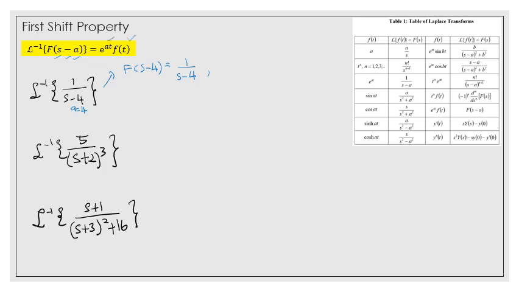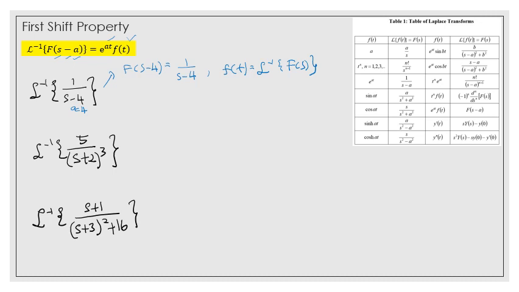Then in the formula we also have f(t). So how to get f(t)? Remember, it is equal to the inverse Laplace of F(s). So we need to find what F(s) is, based on the F(s minus 4) here. Here we have F(s minus 4) equal to 1 over s minus 4.